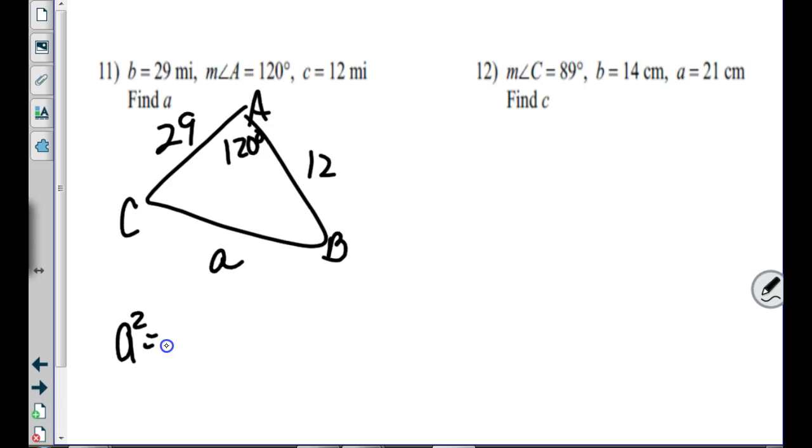How does law of cosines go? Okay, I could be done for the day. How does law of cosines go, guys? Okay, so what numbers are we plugging in from this picture?